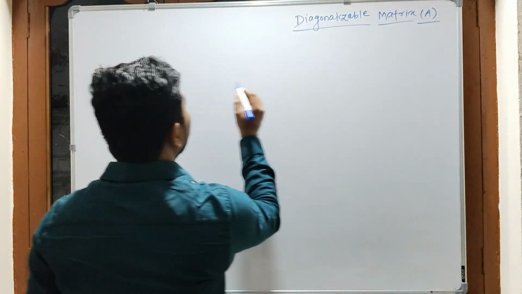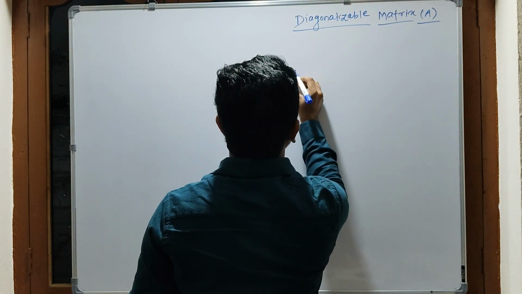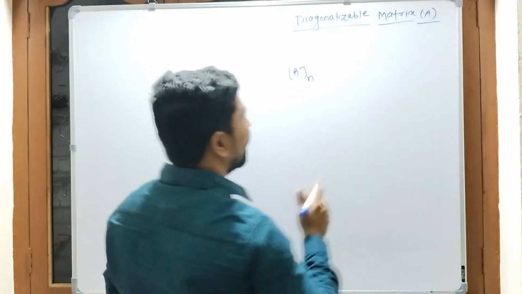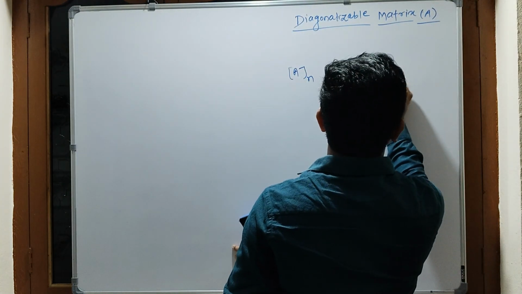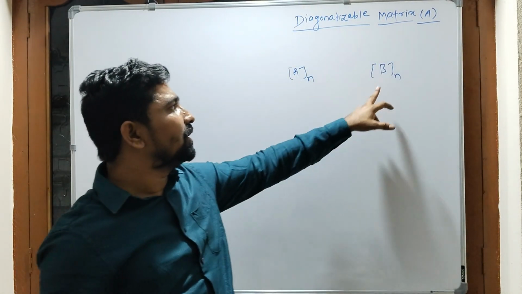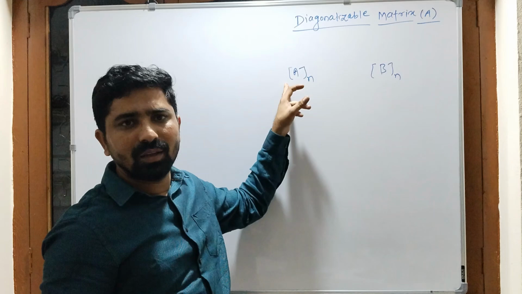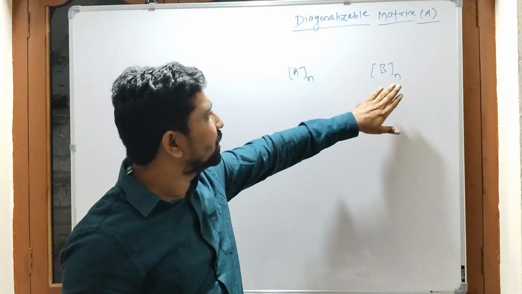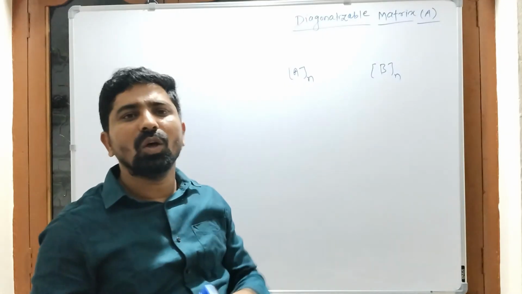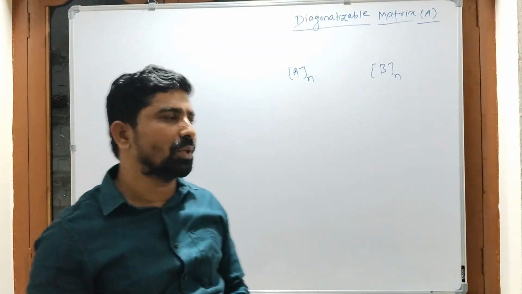For example, let's say this is my matrix A, which is a square matrix of order n, and this is my matrix B, which is again a square matrix of order n. Here I am saying B is similar to A, meaning B is obtained from A by applying some elementary row or column operation.